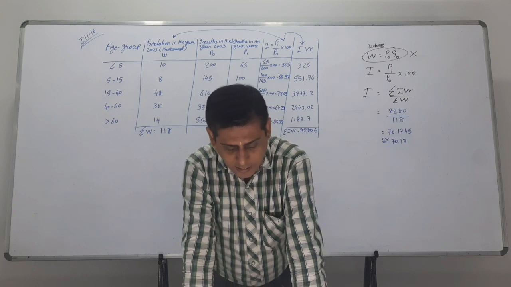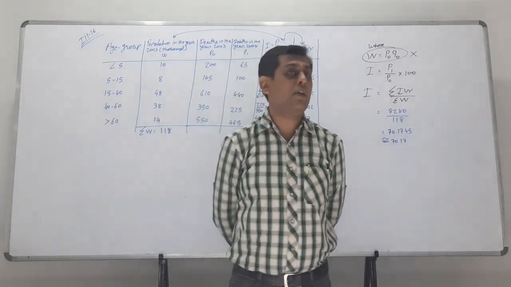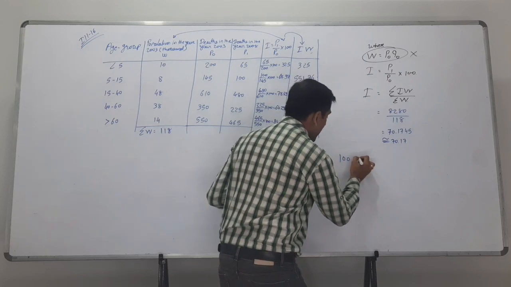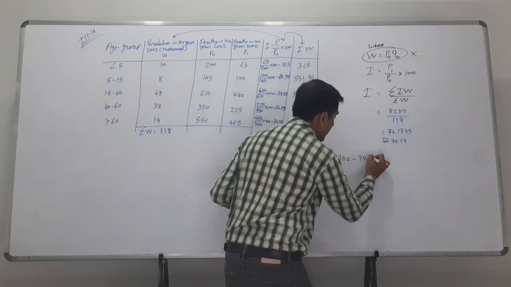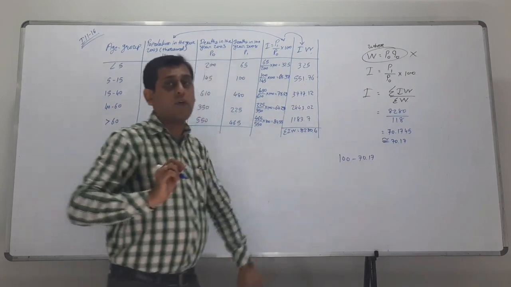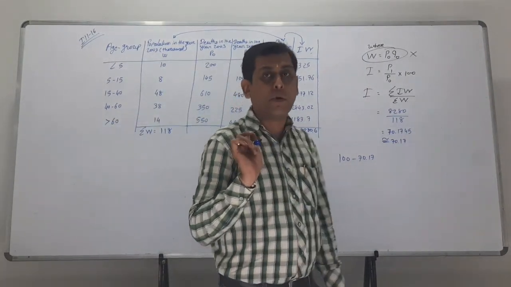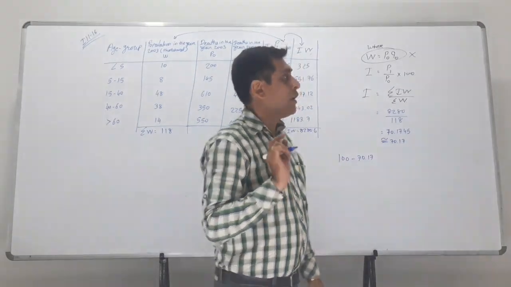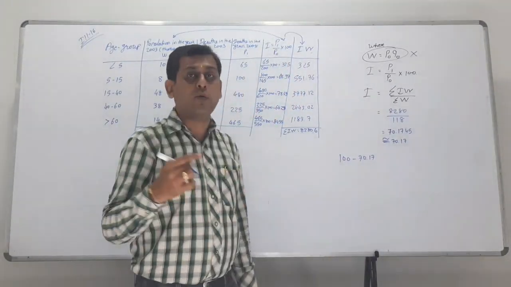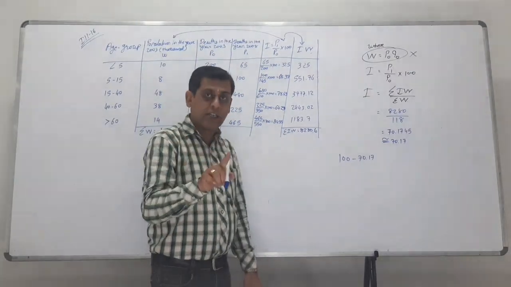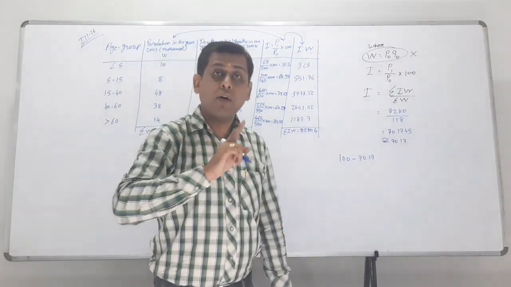Thus, it can be said that there is a decrease in, see here, what we have to interpret, 100 minus 70.17, because whenever we get the answer of an index number, it is always in percentage, and if it is more than 100, then we deduct 100 from that, or if it is less than 100, then we deduct the answer from 100.